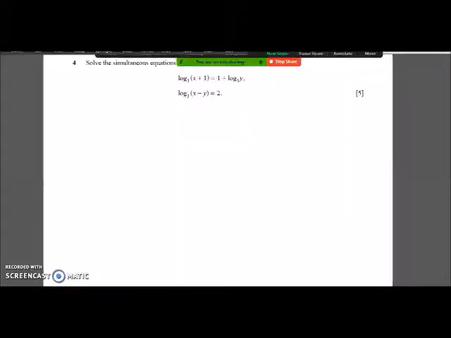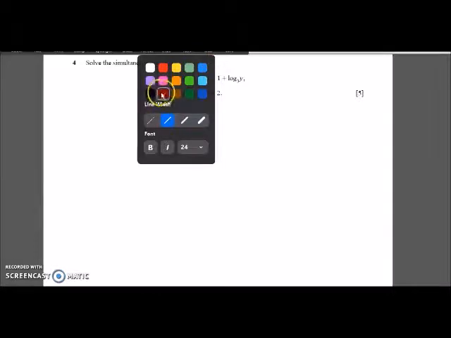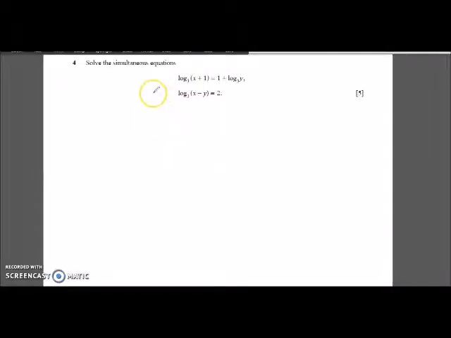Okay, this is another variety of logarithm questions. So now solve the simultaneous equation. Now in these two equations we have log. So if we are going to do a simultaneous equation, we have to get rid of this log.